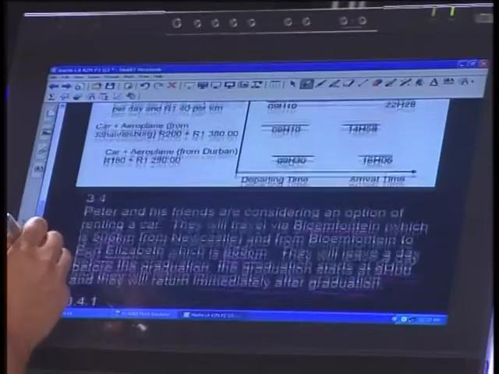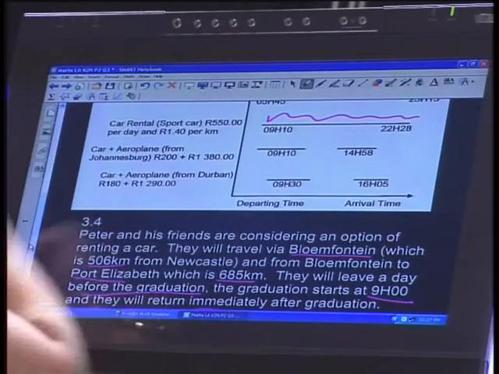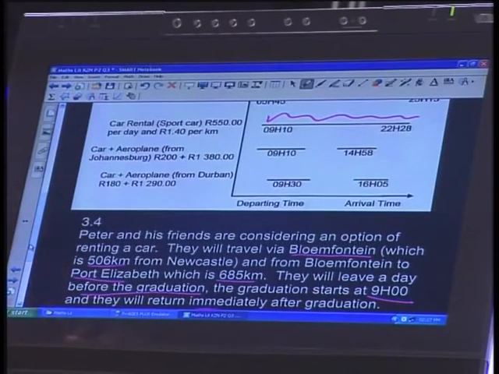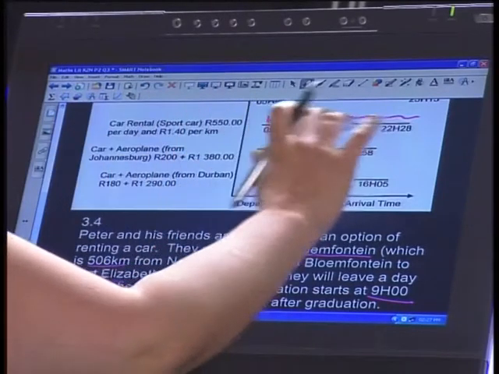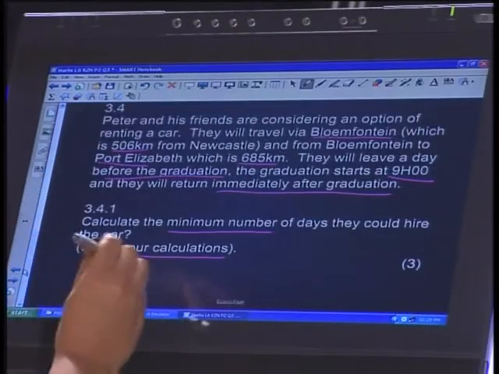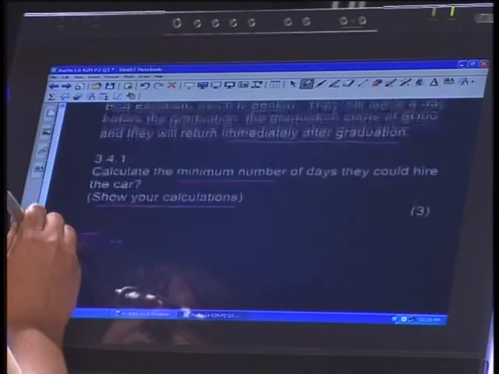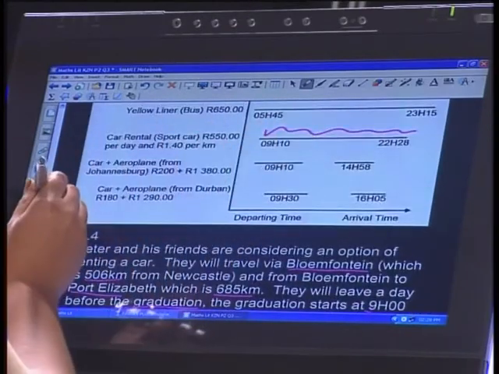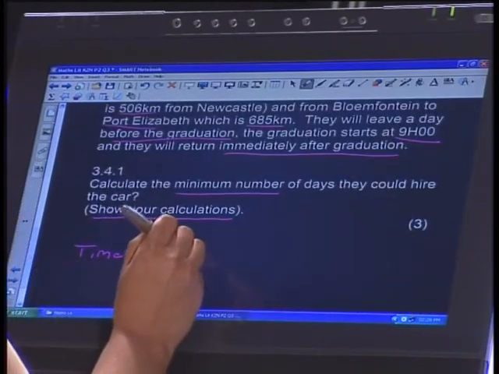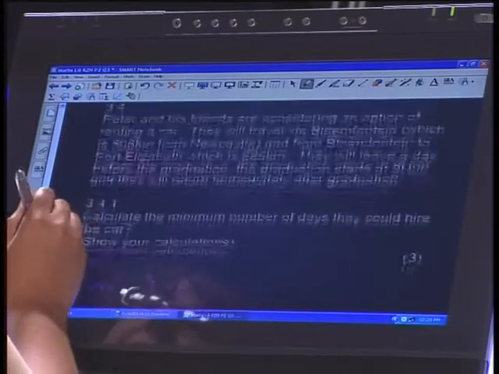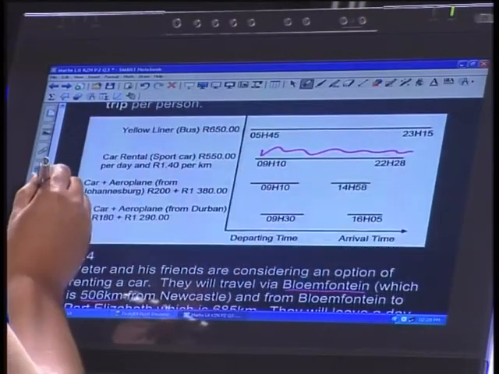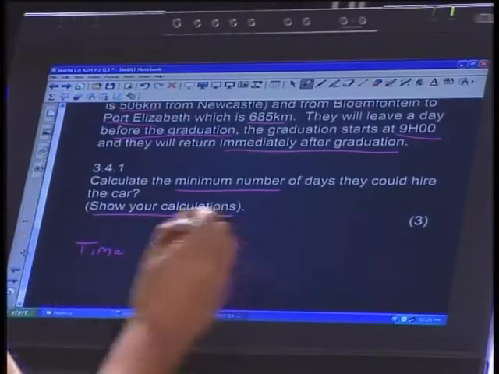First of all, I want to know how long they are actually in the car for. That's an important fact. So we know we're traveling most of the day, so let's work out our time. How long does it take us to get from one point to the next? They leave at 9:10 and they get to Port Elizabeth at 22:28.